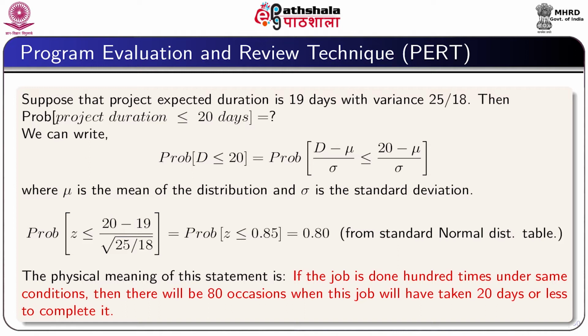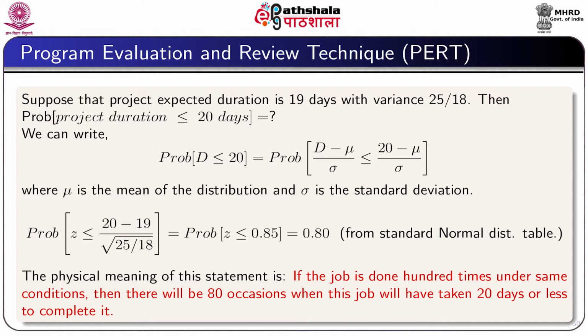We can write probability d less than or equal to 20, where d is the due date, which is equal to probability (d minus mu) by sigma is less than or equal to (20 minus mu) by sigma. Here mu is the mean of the distribution and sigma is the standard deviation.